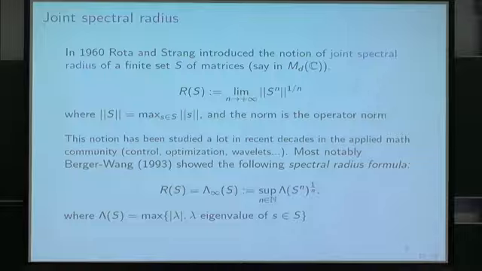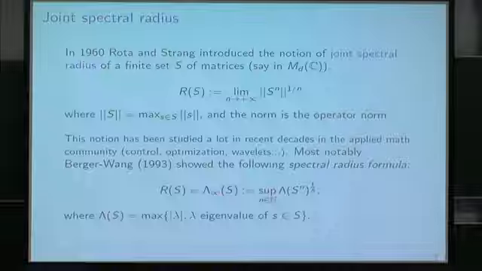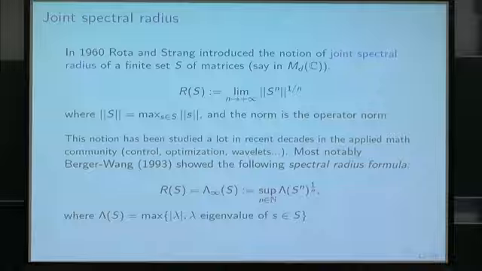They showed that the joint spectral radius is equal to the rate of growth of the maximal eigenvalue of an element of a word in S^n. There is an obvious inequality that R of S is always at least this lambda infinity, but they showed it's the same. That's very general.